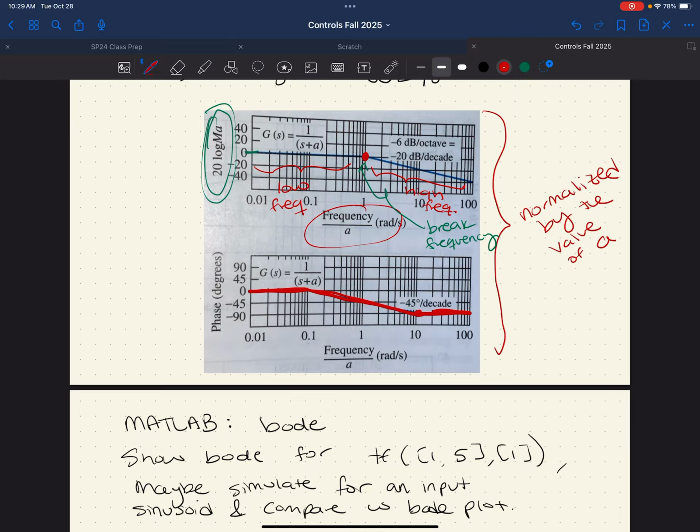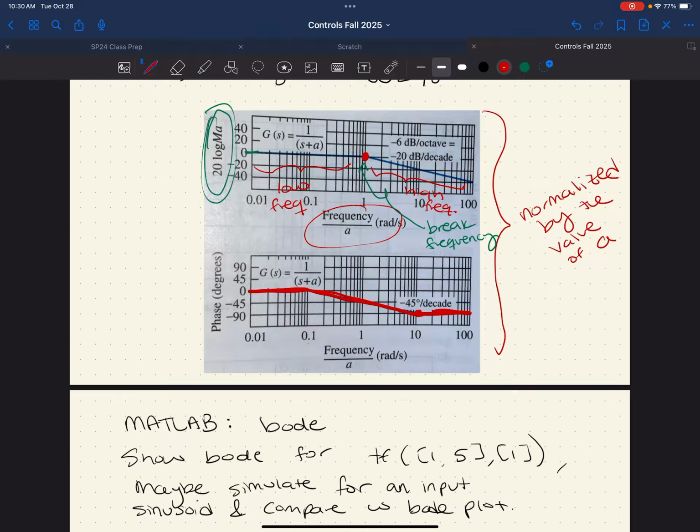And again, we start out at 0, we end up at negative 90. We've got this linear section that connects the two. We have our 1, 2, 3, 4, 5. That looks about dead center. We've got 1 decade below, 1 decade above. That kind of sets our other asymptotes. Let's see. 1, 2, 3, 4, 5.